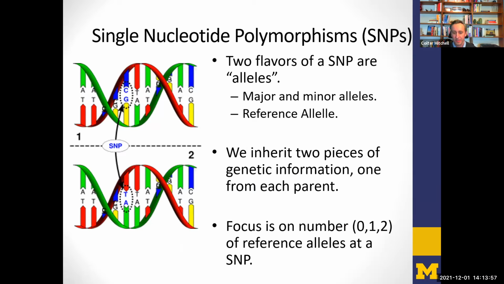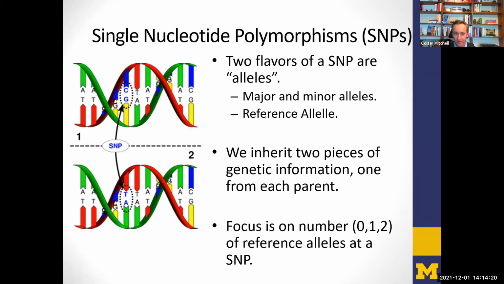Another piece of information to keep in mind is we inherit 2 pieces of information, one from each parent. So when all is said and done at a single SNP, we actually have either 0, 1, or 2 of the reference alleles, or the major or minor alleles. So that's the way we typically think about it. A single genetic measure, and it's either 0, 1, or 2.